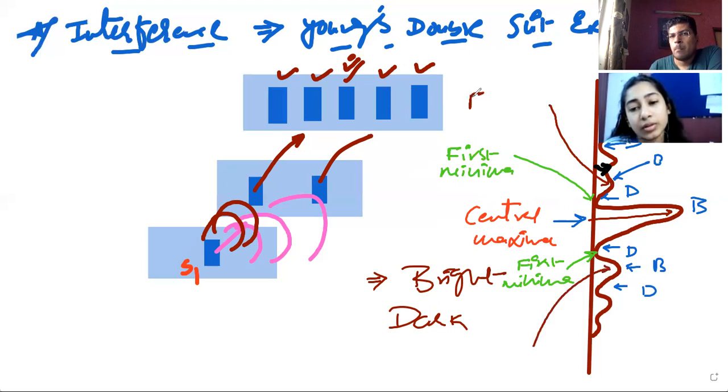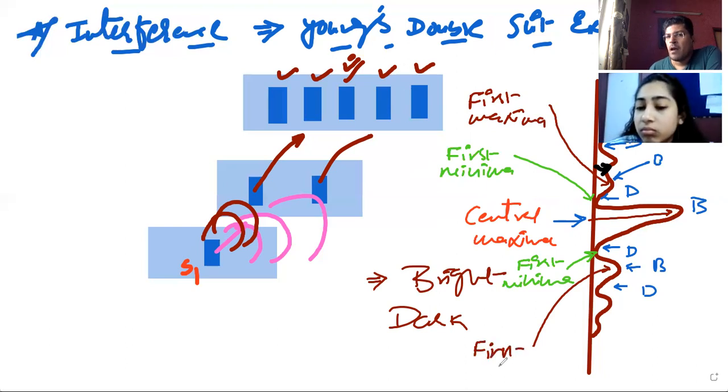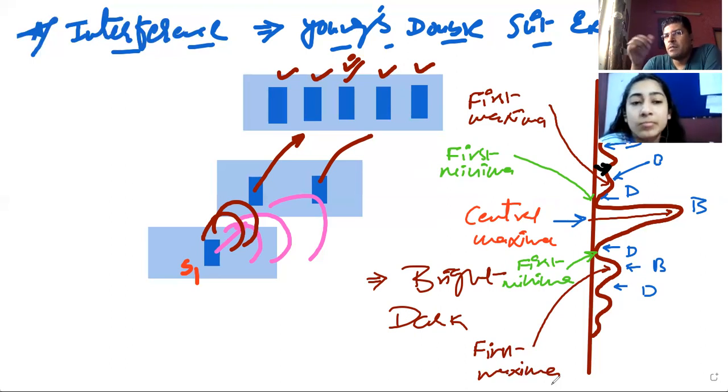After the central maxima, the first upward bump is the first maxima. Upward bump is called a maxima, downward is called a minima.